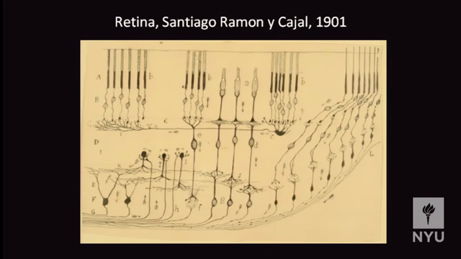And he certainly saw this in the retina, where he knew that all the information was going in one direction, and all the neurons were kind of facing in that direction, with the dendrites on one end and the axons on the other, meeting the dendrites of the next cell. And so he developed this idea of the principle of directional specificity. Information always flows from the dendrites to the cell body to the axon.